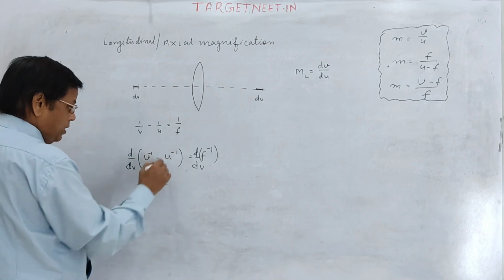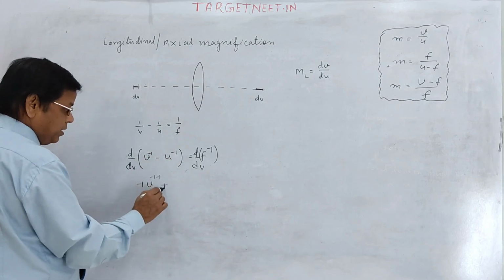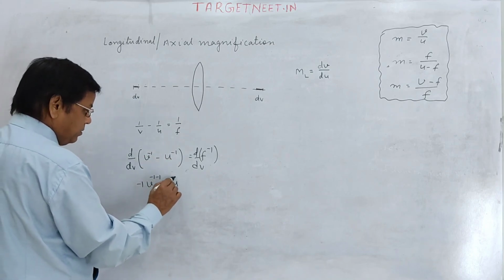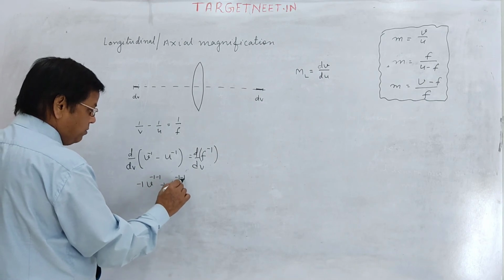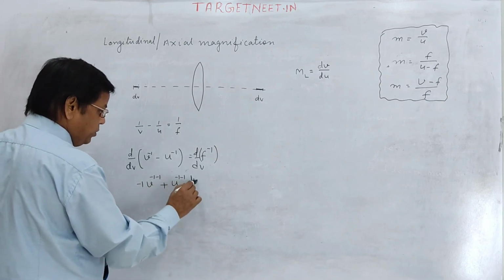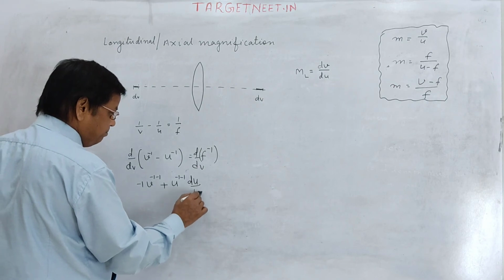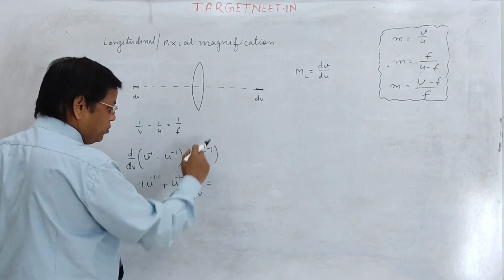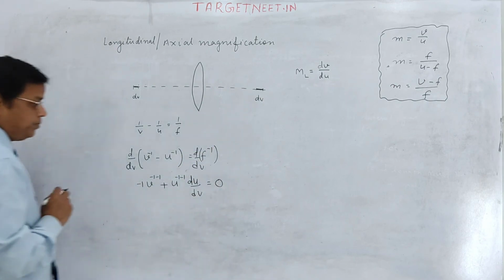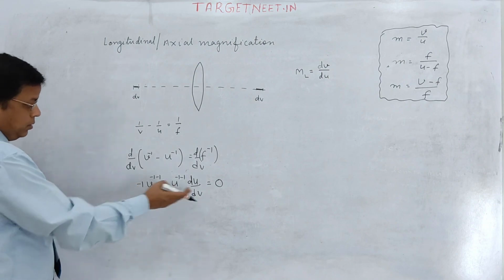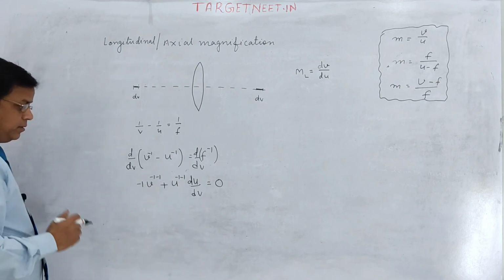So when you multiply power minus 1 in this, it becomes positive, and we subtract 1 from the power, giving du over dv. f is constant, so its derivative will be 0. I think you know how to differentiate this.